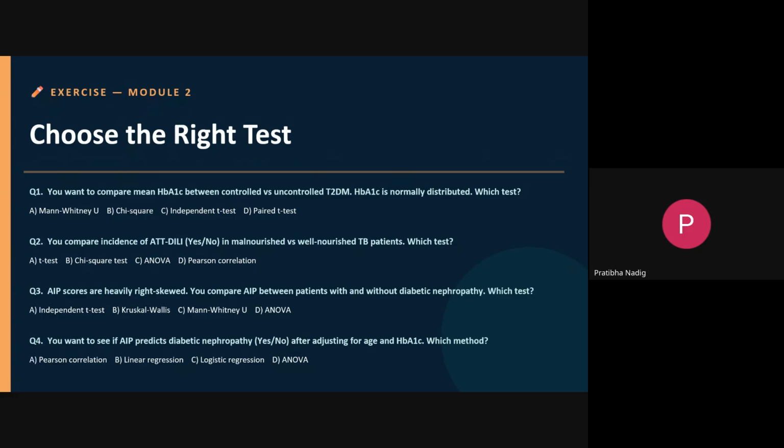I simply have data that is yes, no, that's it. I'm not having any values there. So what kind of test?